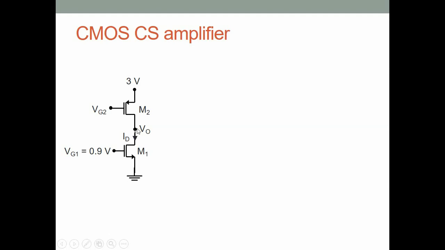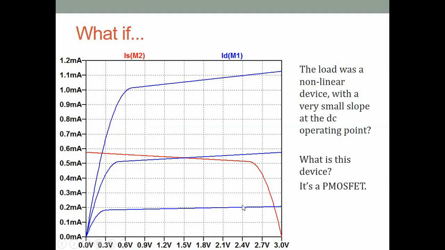And as VO reduces, so let's go back here. We start from 3, and if we reduce VO, then the source drain voltage of the PMOS increases as VO is reduced, and so the current in the PMOS increases. Initially it is in triode because the source drain voltage is small, but after a certain point the transistor goes into saturation.